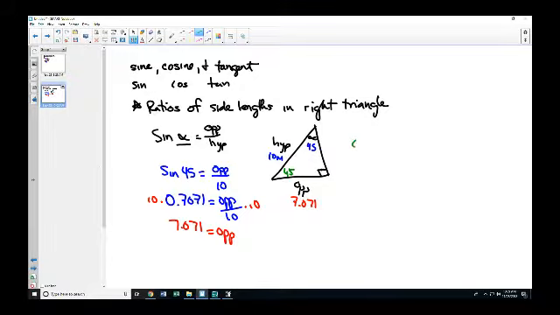Cosine 45. Okay, because cosine is adjacent over hypotenuse. And so if this is our reference angle, you can identify adjacent and hypotenuse. It's the same thing.